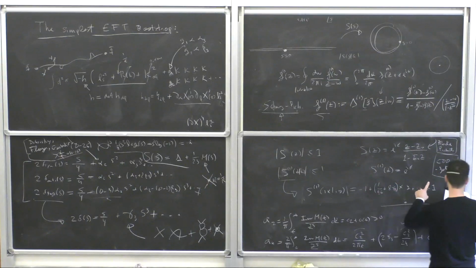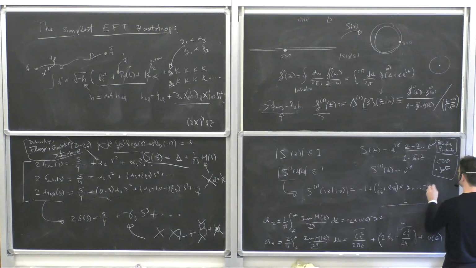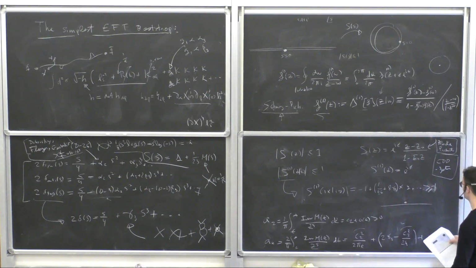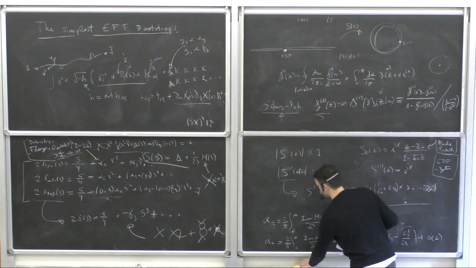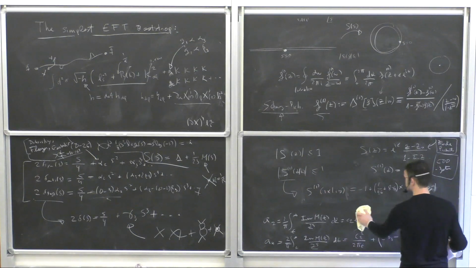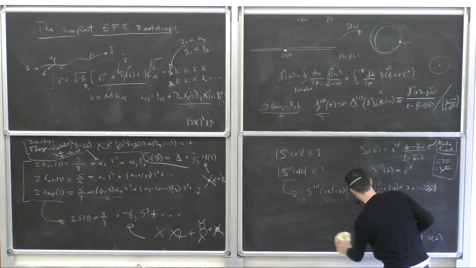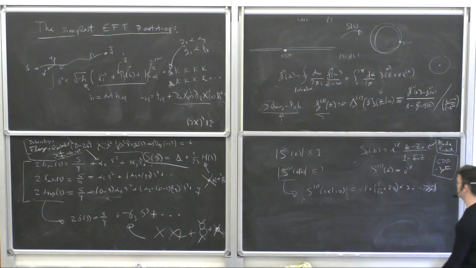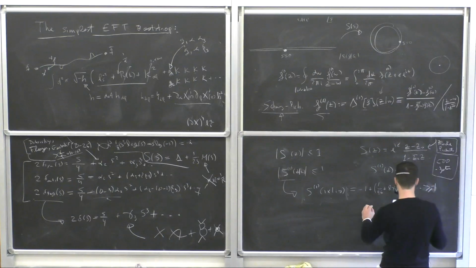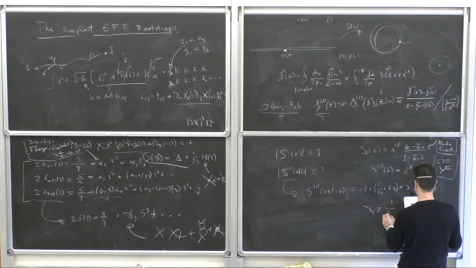I already took the imaginary part. So this follows from this equation over here. So then, all in all, if we now solve for gamma 3, what we get is gamma 3 is larger or equal than -1/768.